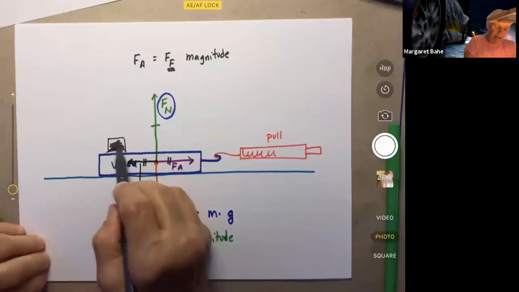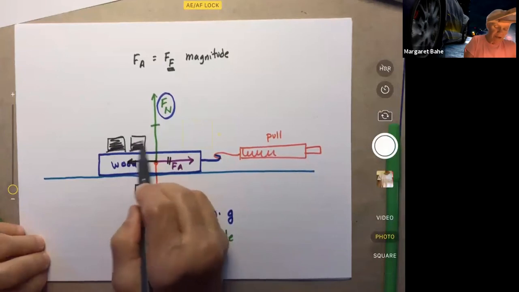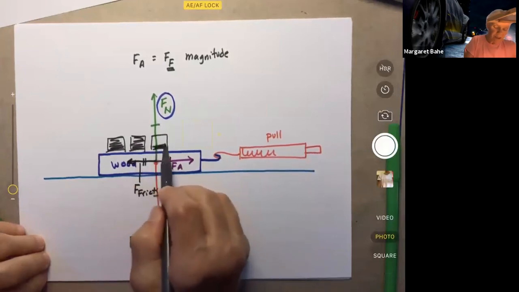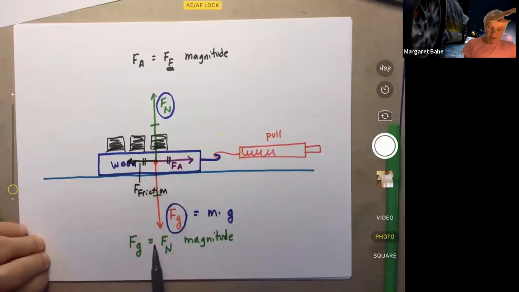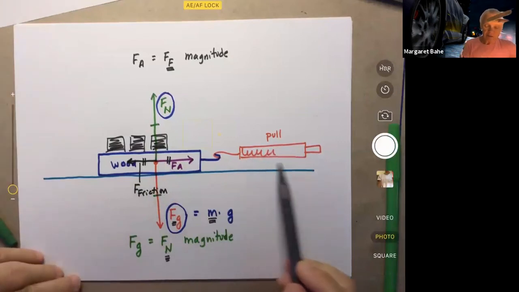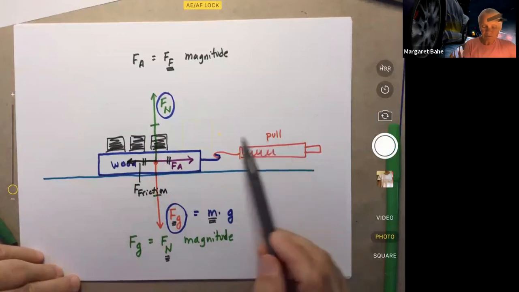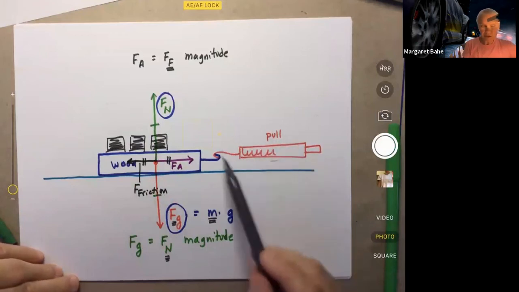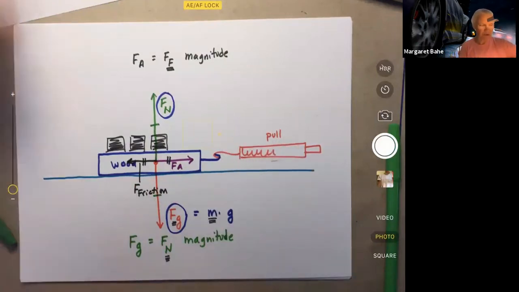These would be masses that I add to my wood here. As I increase the mass, I'm going to increase my force of gravity, which means I'm going to increase my normal force. And then we can measure the force of friction by how hard it is to pull, and we'll use our spring scale to measure how hard it is to pull.